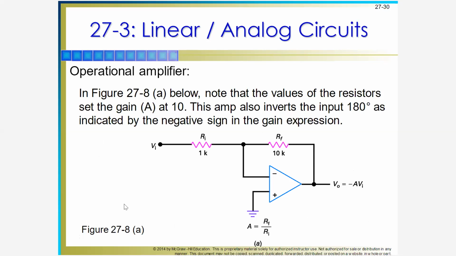What's the formula for gain? As you can see, you divide the feedback resistor, 10 kilo ohms, over 1 kilo ohm. If you have a calculator, you can solve it. What's the gain? The gain should be 10. That is correct. It's already shown.